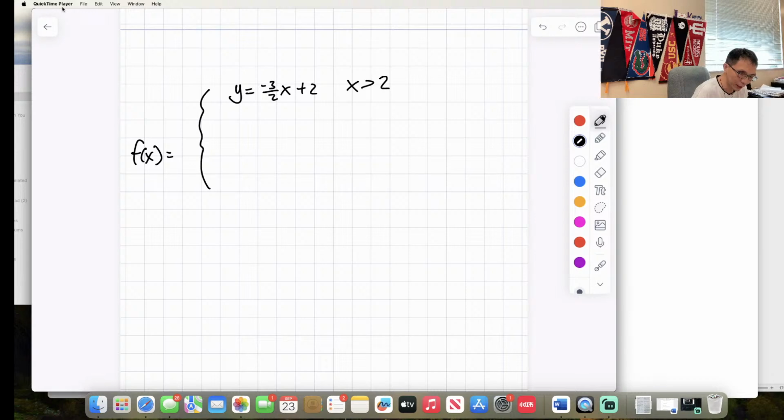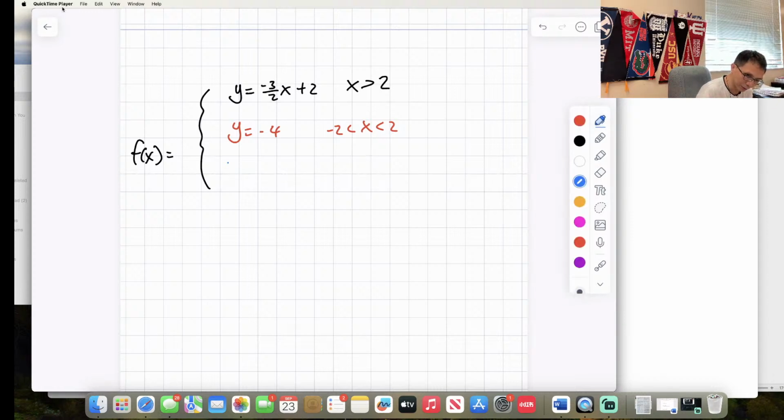Second one, I'm going to use a different color to show you this. So I'm going to graph y is equal to -4 when x is between 2 and -2. And the other one is going to be y, let me use a different color.